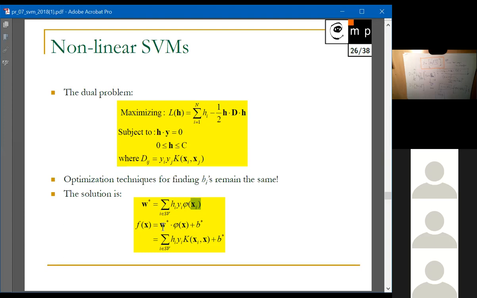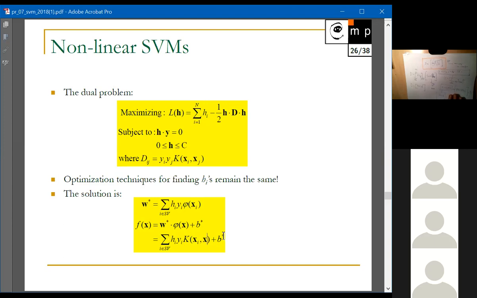And then when we are computing the decision function, we calculate it not as a dot product with the W vector, but as a kernel response. So x is what we want to classify, xi is a support vector, we compute the kernel response, and we check the sign of this function.